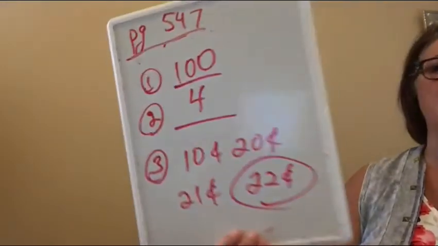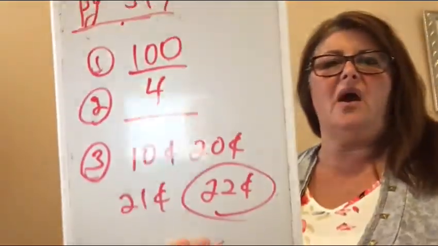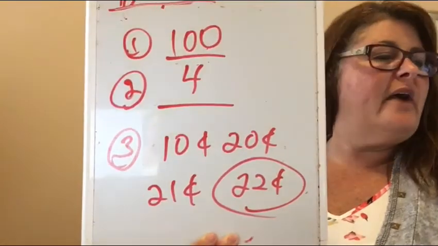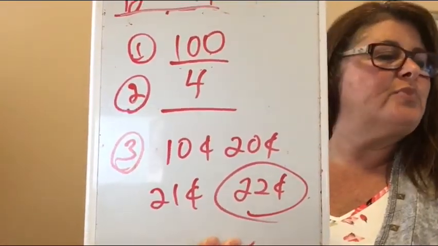Number 3 wants you to count on the money to see how much you have in all. In all means we're adding up 10 plus 10 plus 1 plus 1. So 10 plus 10 is 20. And then you add 1 makes it 21, and you add another makes 22.